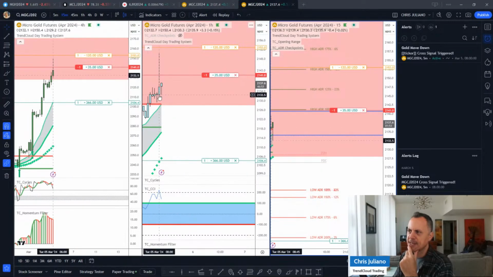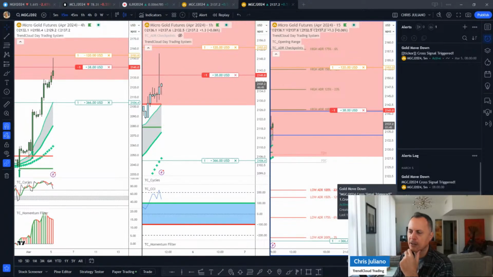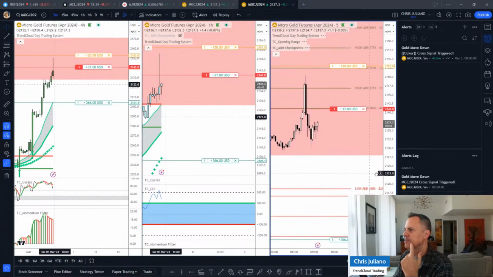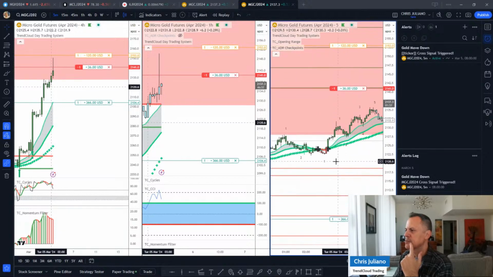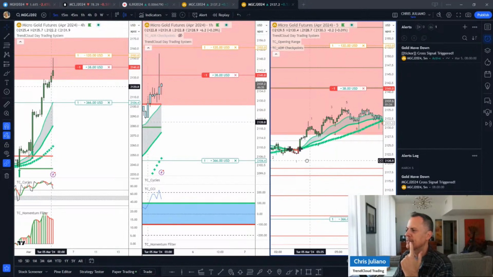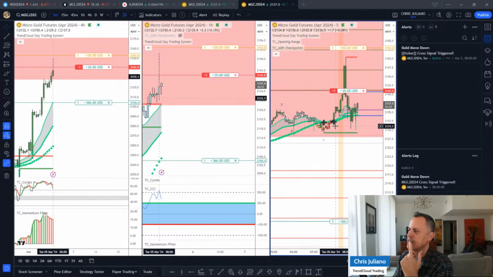The trend is extended. Let's start setting up some low time frame alerts. This is actually the 5-minute chart, with crossover signals, crossover to the downside, crossover to the upside. It was letting us know what was going on.